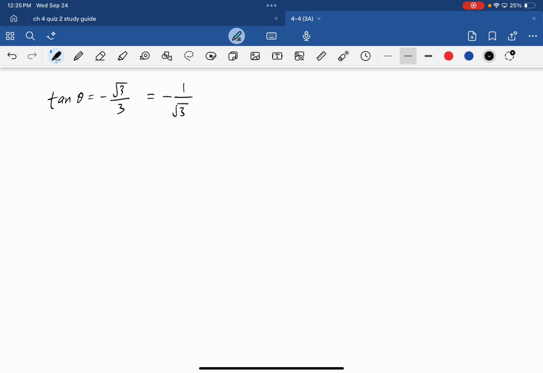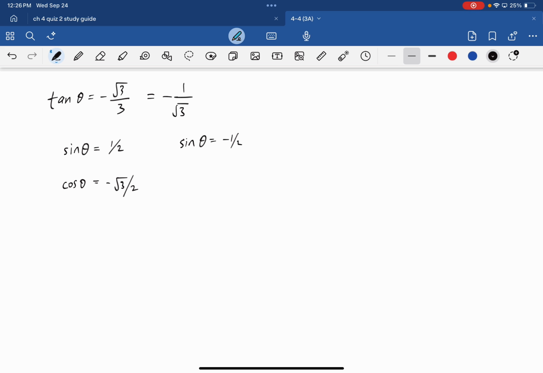Okay, tangent theta will only equal negative 1 over root 3 in these two cases. So sine and cosine definitely have to be opposite signs, right? One has to be positive and one has to be negative. And because we have the 1 on top, that tells us that sine will be 1/2 or negative 1/2. And because the root 3 is on the bottom, then that tells us that the cosine will be negative root 3 over 2. And then we also have to consider the case where the signs are flipped, right?